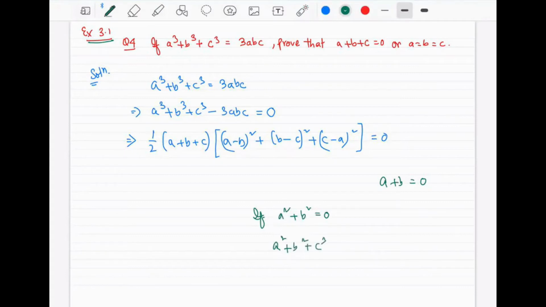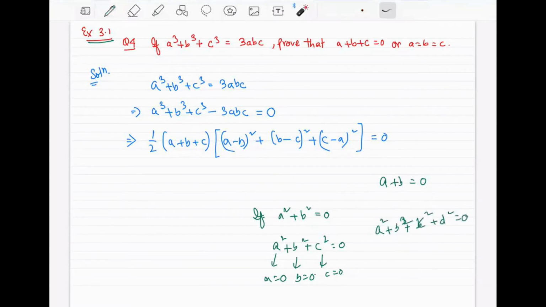Then A will be 0, B will be 0, C will be 0. If there are 4 of them also, if the addition of these 4 square numbers is 0, then A is 0, B will be 0, C will be 0, D will be 0. Okay, so you copy this condition also.